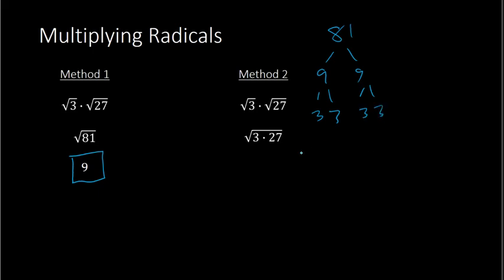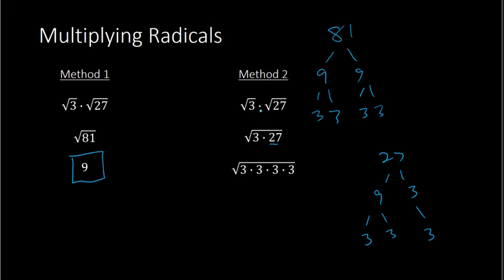But that's kind of extra work. What I can do is just take the 27 and go from there to get 9 times 3. 9 is 3 times 3. So the 27 is 3 times 3 times 3. So I have 3 3's from the 27 along with the other 3 in the front.